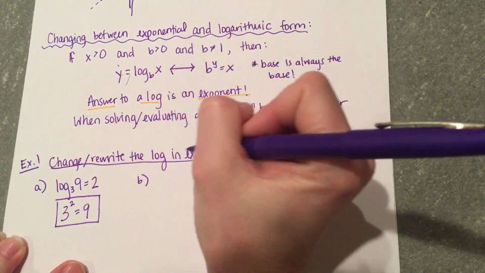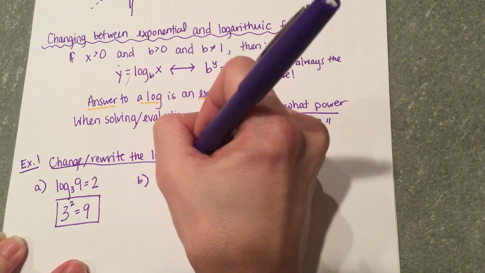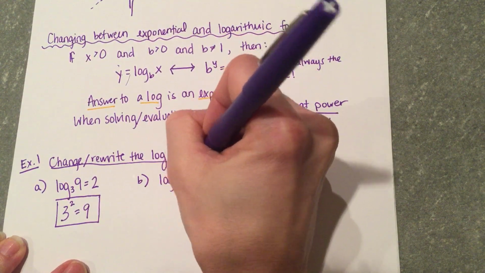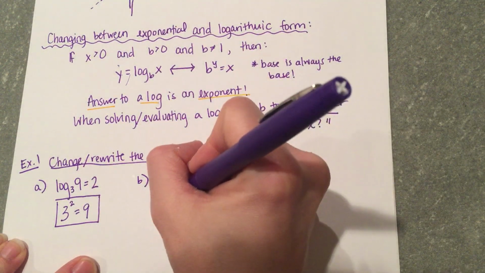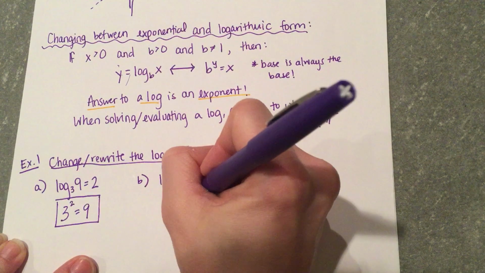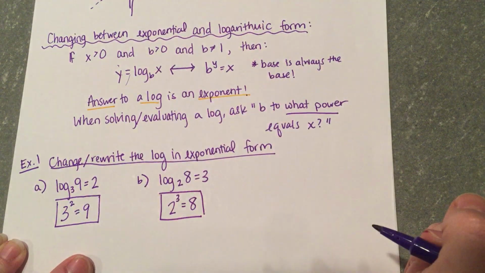Okay, so then like for B, I have log base 2 of 8 equals 3. So to rewrite that in exponential, it would be 2 cubed equals 8. Okay.